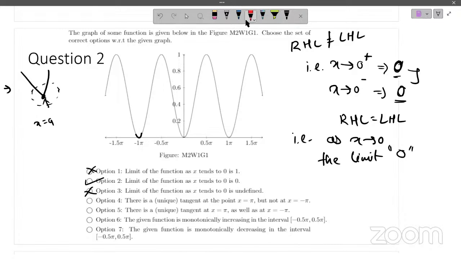Then we can see that this works as a tangent, this also works as a tangent, and this also works as a tangent. But here our graph is turning very nicely. There is no point or cone type shape, right? So at this point, we will have a unique tangent.